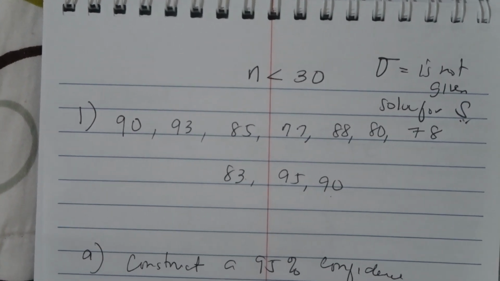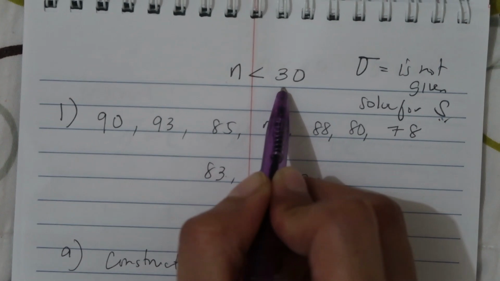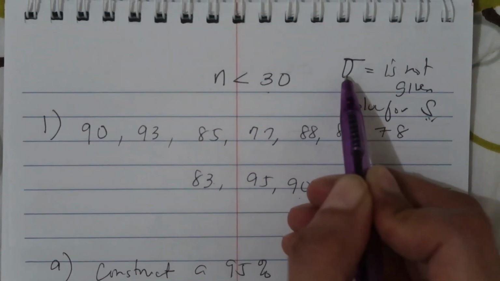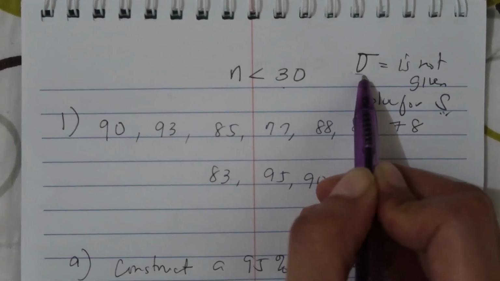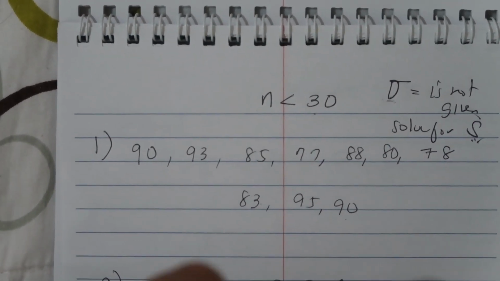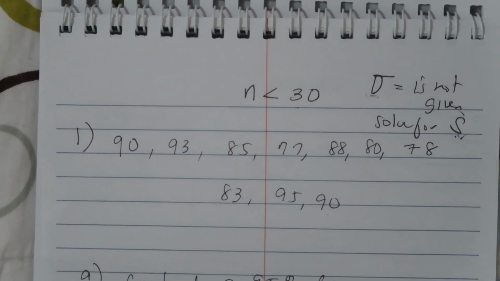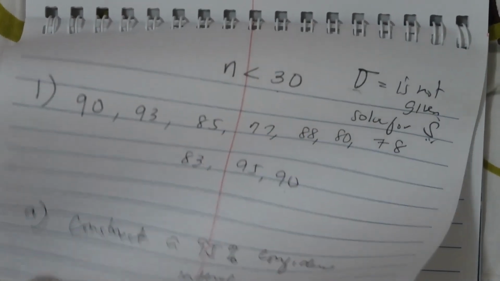How do we know if we're going to use the t distribution? If n is less than 30 and the population standard deviation, sigma, is not given, we use the t distribution. Try to remember that.